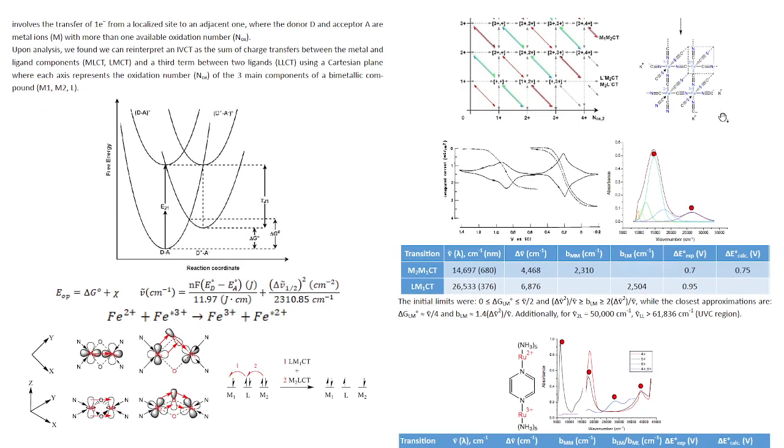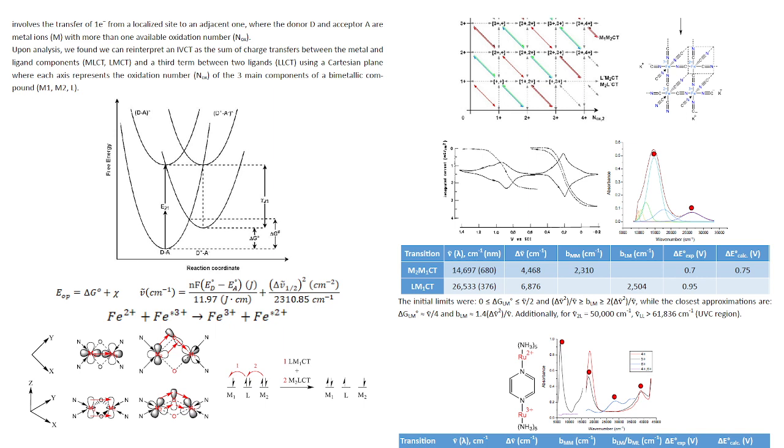The blue color comes from the absorption spectra of the compound, which is located at almost 14,697 wave numbers, or 680 nanometers. And using this characteristic along with the full width at half maximum, shown here, again in wave numbers, we can calculate an approximate value of the oxidation and reduction potentials of the donors, which is 0.75 volts.